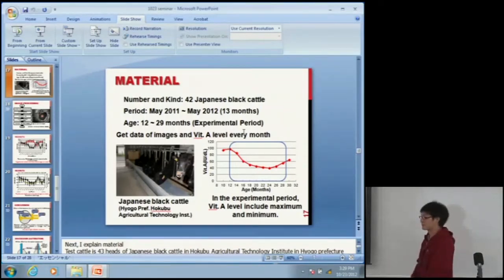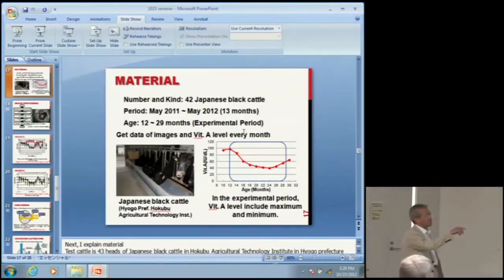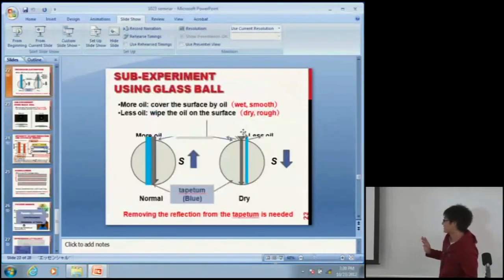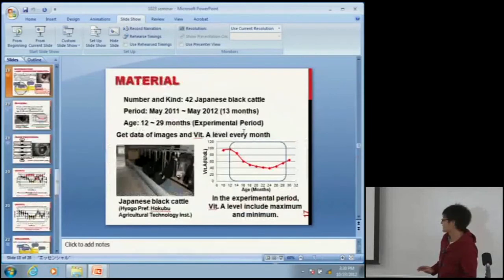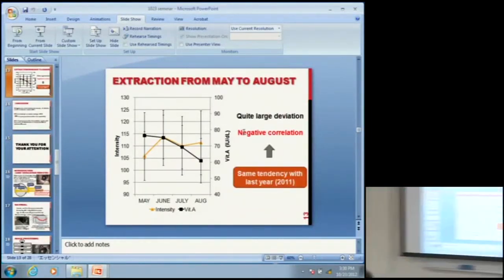So you already had some coefficient of the relation from last year? Not this year, because this year only four months of data is reliable. So no R square at this moment.